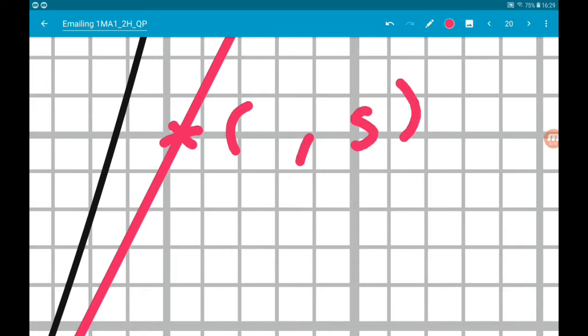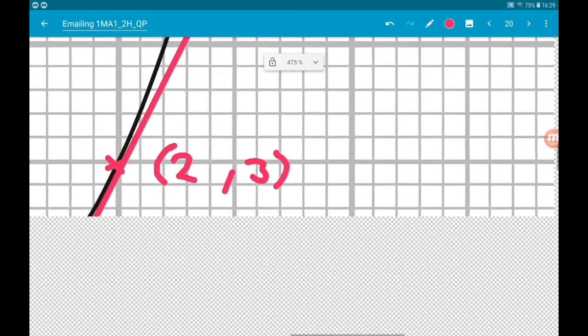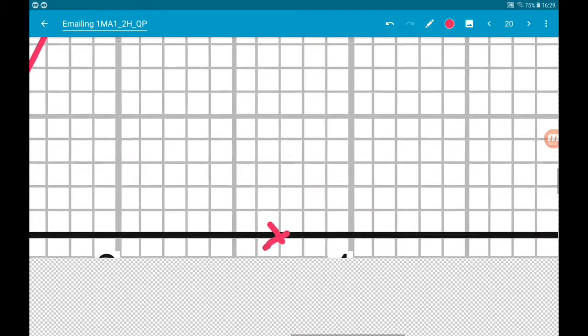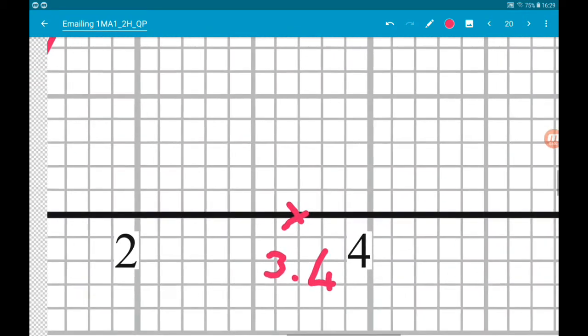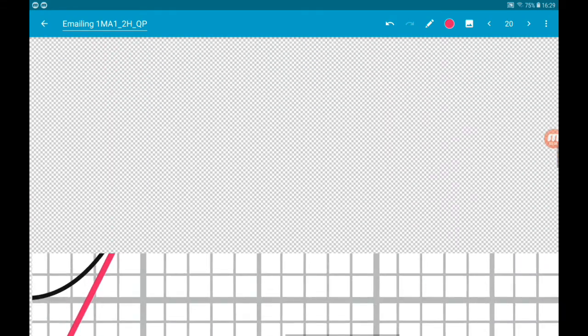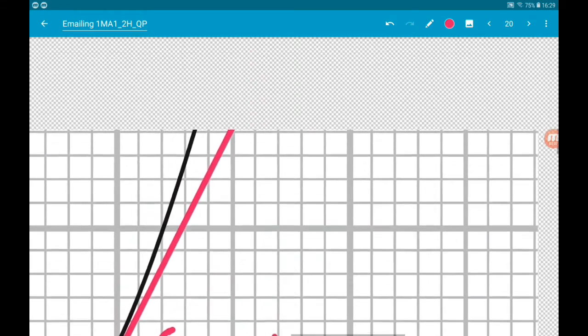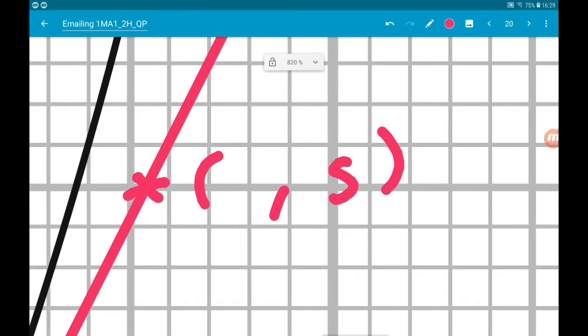And the x coordinate, let's go 3.2. Let's just go 3.